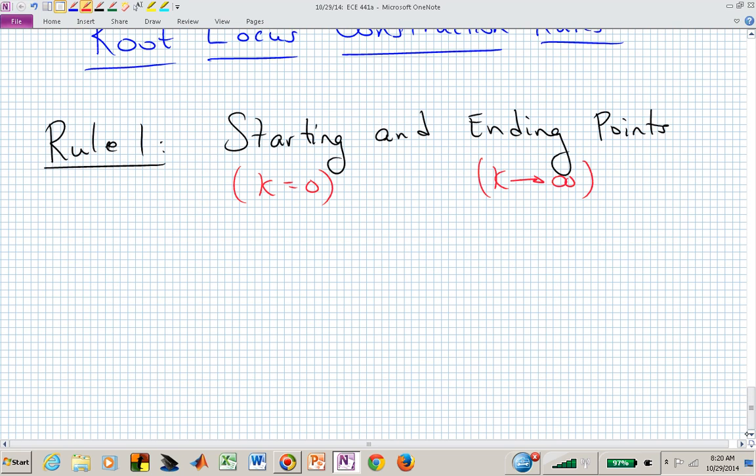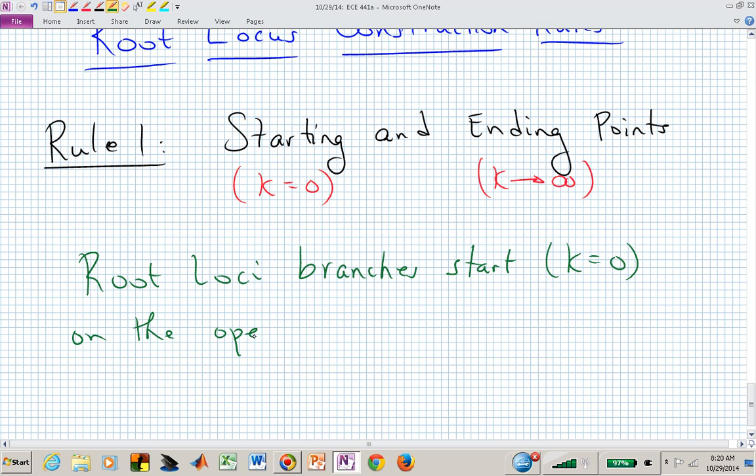Here's rule 1. The root locus branches start, and this is when the gain k is equal to 0, on the open loop poles, and remember what those were, we've agreed that that's what we will call the roots of the denominator polynomial that includes all of the denominator pieces from g and h.